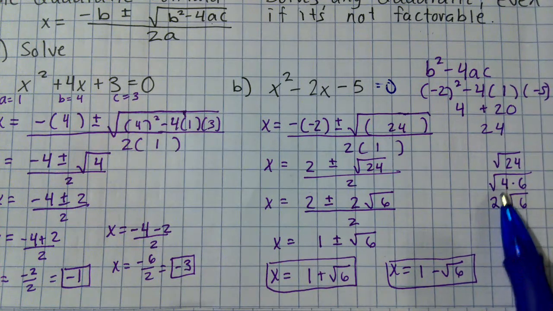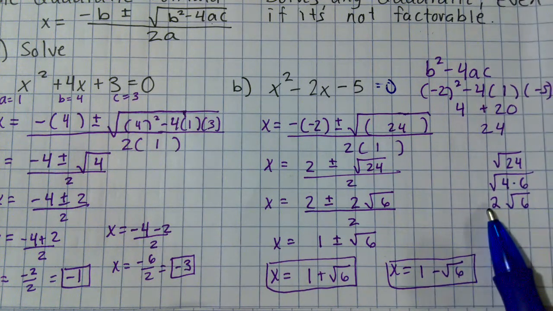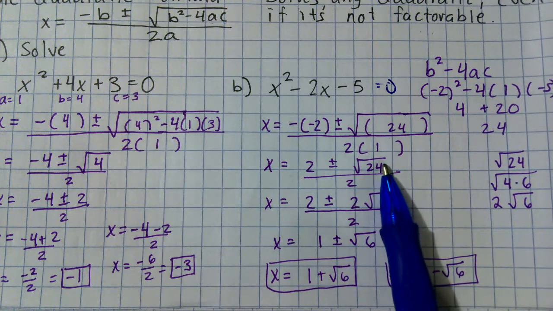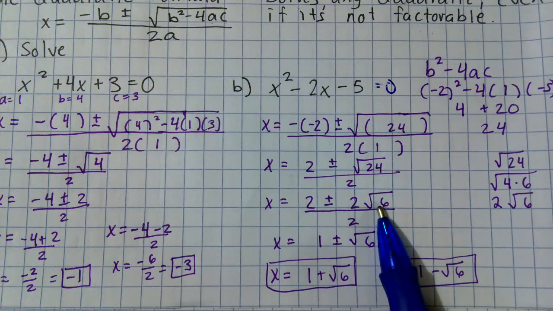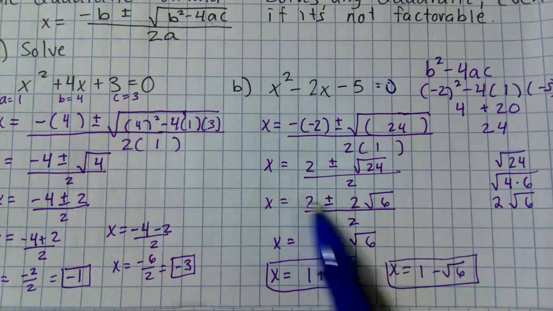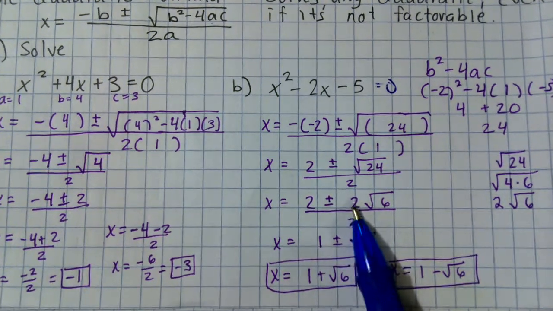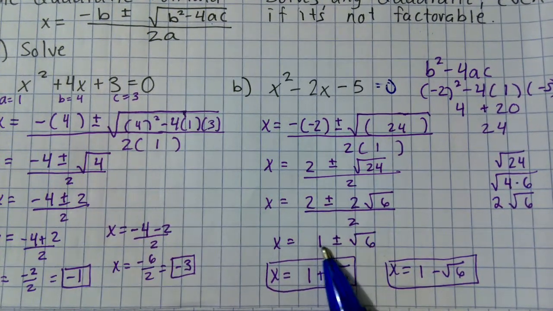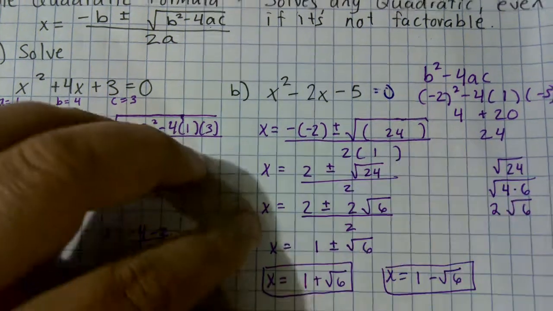The square root of 4 is 2, so the square root of 24 is 2 square root of 6. Now we simplify: 2 divided by 2 is 1, and 2 divided by 2 is also 1. So we have 1 plus or minus the square root of 6. That gives us two separate answers, one positive, the other negative.